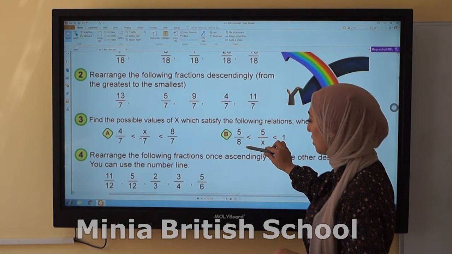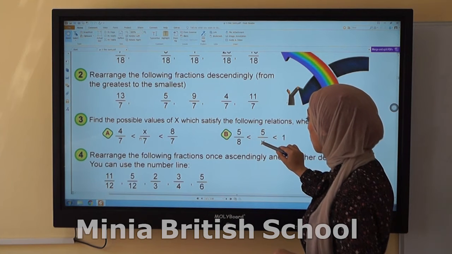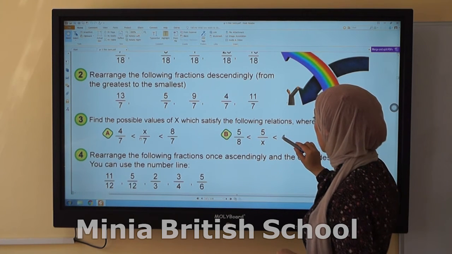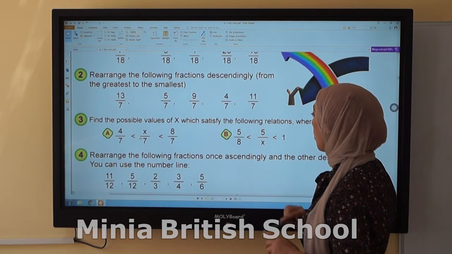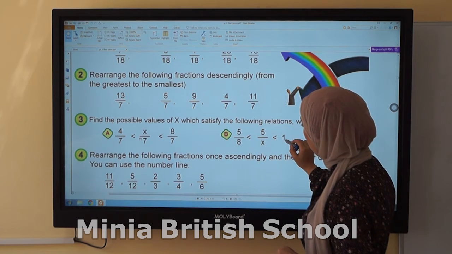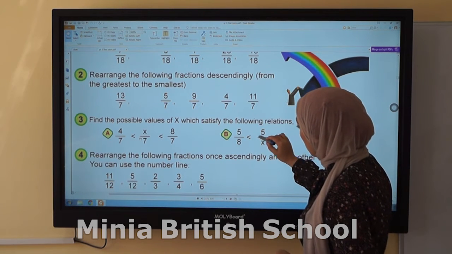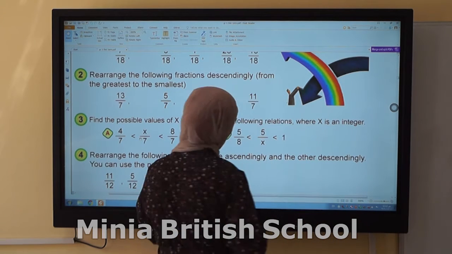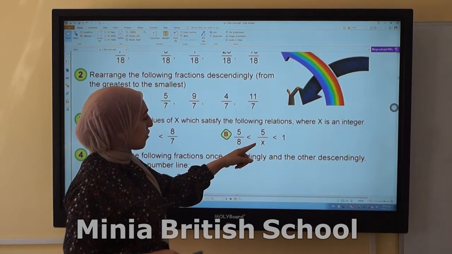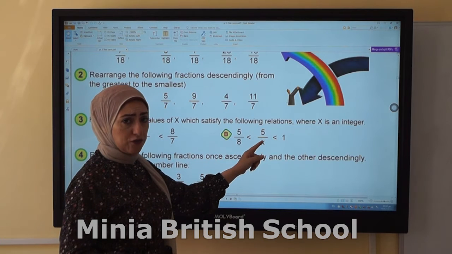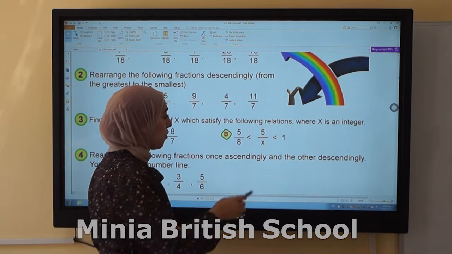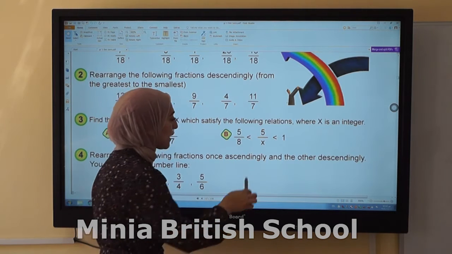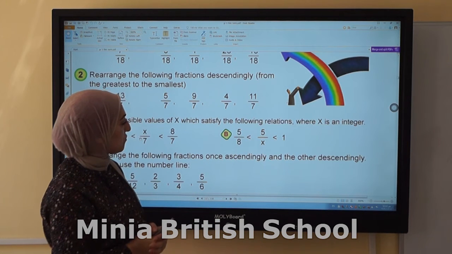Here, 5 over 8 is smaller than 5 over x, which is smaller than 1. I want to get the value of x. If I write 5 over 5, it will be wrong, because this fraction is smaller than 1, so I can't write 5 here.